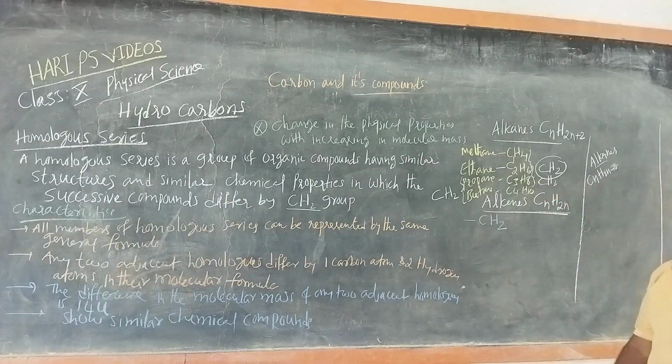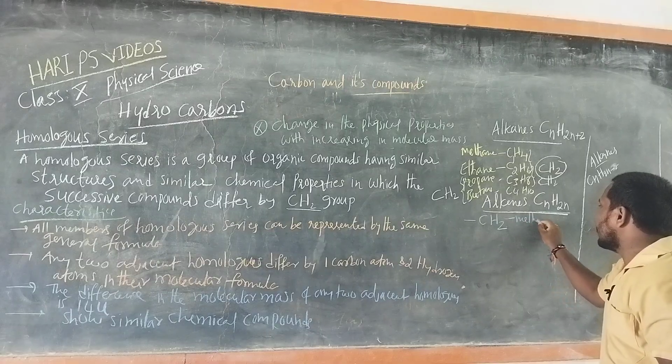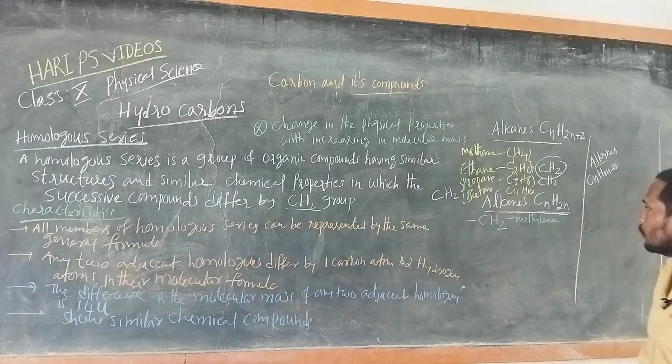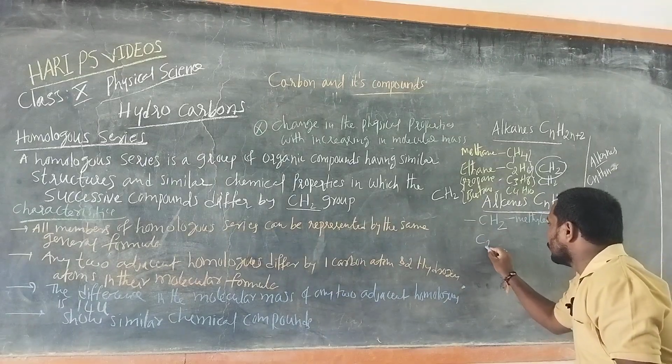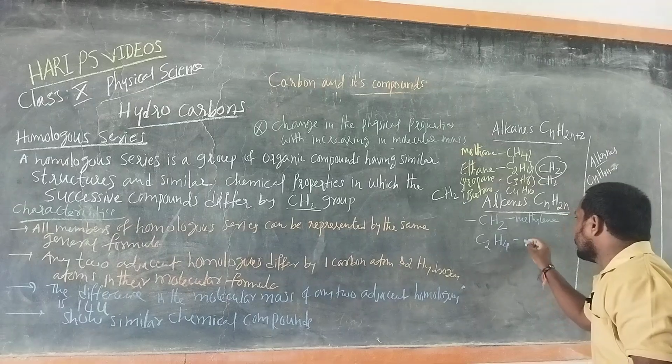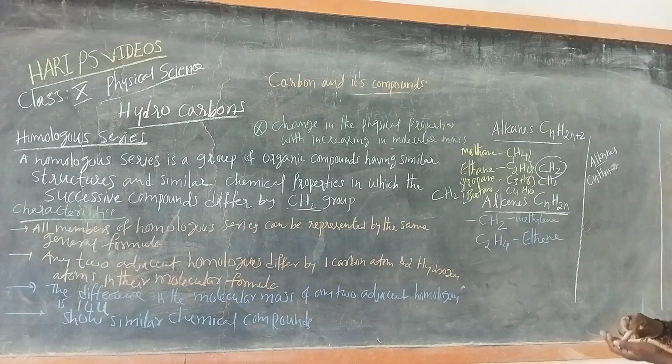If n is one carbon atom, then CH2, a group generally called a methylene group in organic chemistry. If n is 2, you have C2H4, which is ethene or ethylene.